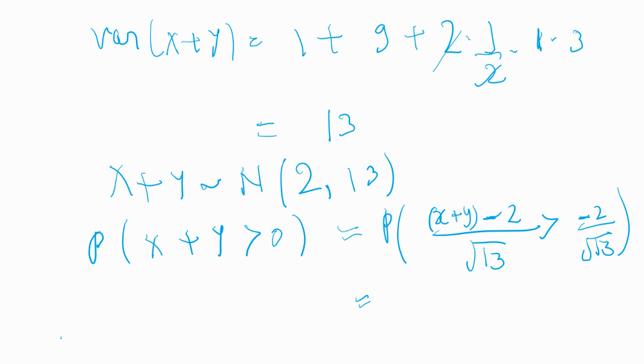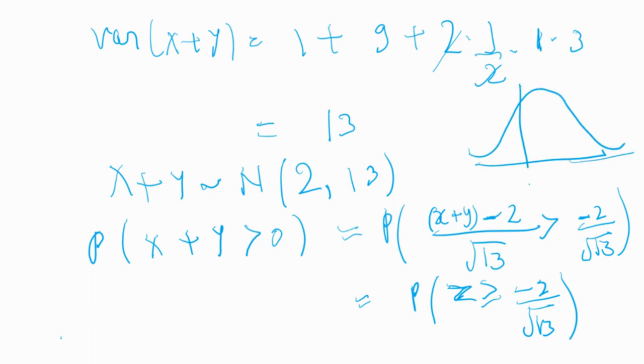Now this one is z. So z greater than or equal to minus 2 by root 13. Now you can see that the probability of z greater than this value can be found as 1 minus the value at 2 by root 13, and that will be the answer.